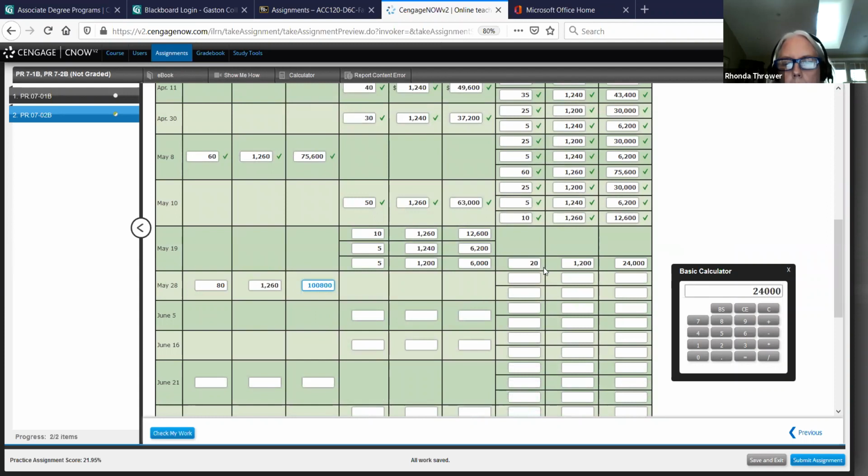And now we have 2 layers. Bring down your 20 units that were left of your beginning inventory. Got to put these in the right order. And you swing across what you just purchased.